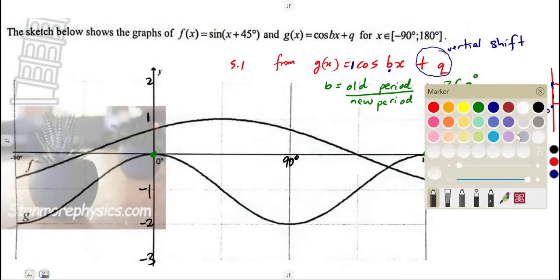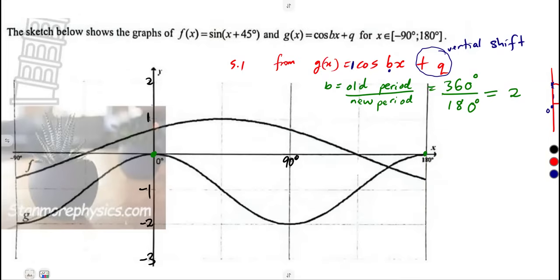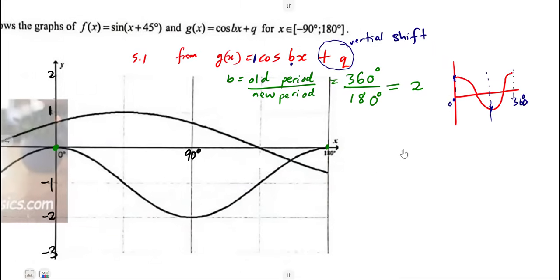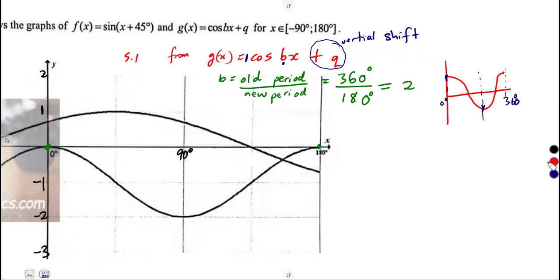But anyway, the other way, which is easier and cannot bring any confusion, guys, is to take any point. Another way we can use is the g(x). The g(x) is now equal to cos bx, and our b is 2. So that's cos 2x plus q.